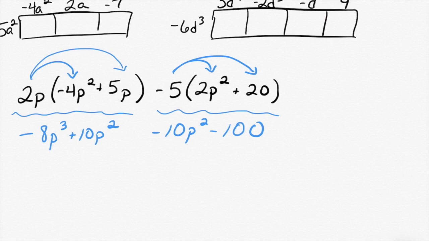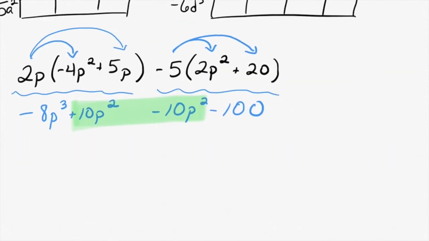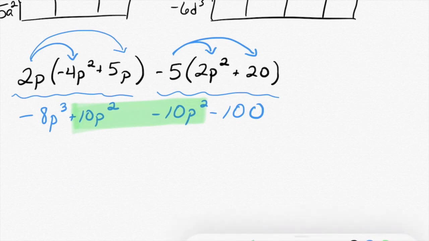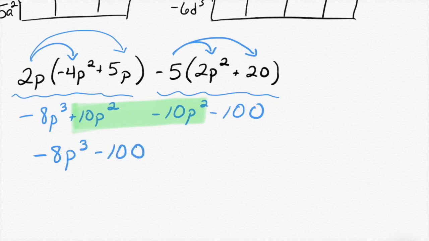I've got 2 things, 2 p's that are both raised to the same power, which means I can combine them. What is positive 10p squared minus 10p squared? 0. So it'll be 0, and that's what I'm left with. And that is the answer.